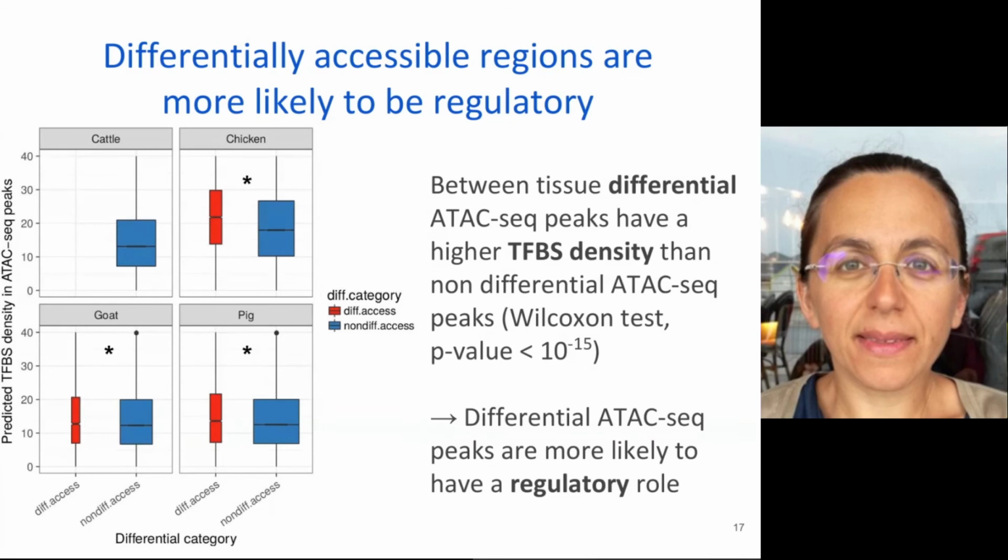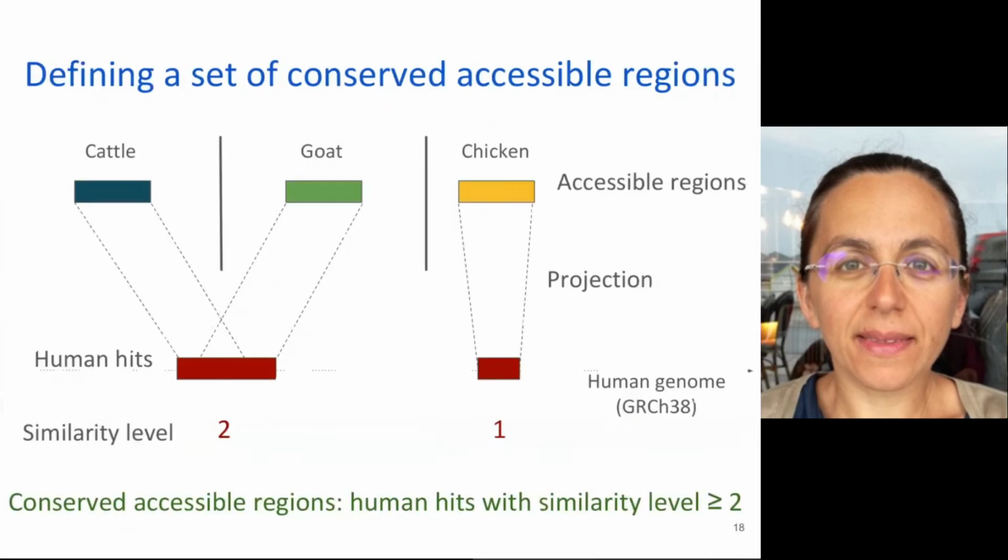Then if we go to slide 18, of course we have 4 species, so we can do many conservation analyses. For this, we have to define conserved accessible regions, and we did it in a simple way. In each species we have these ATAC-seq peaks, accessible regions, and in each species we simply project these peaks onto the human genome, version GRCh38.